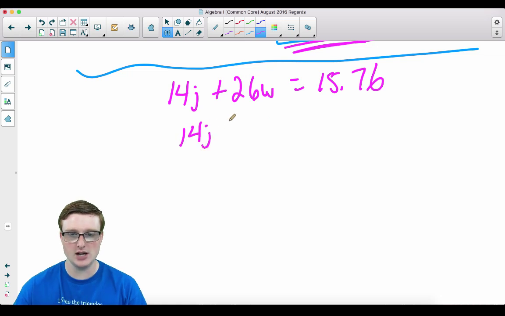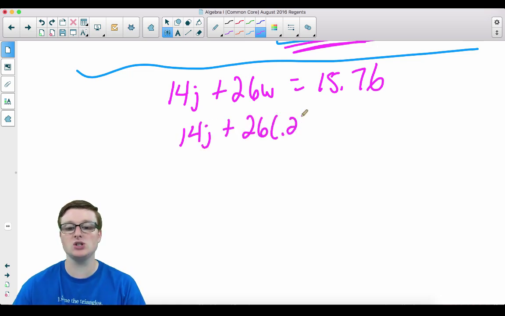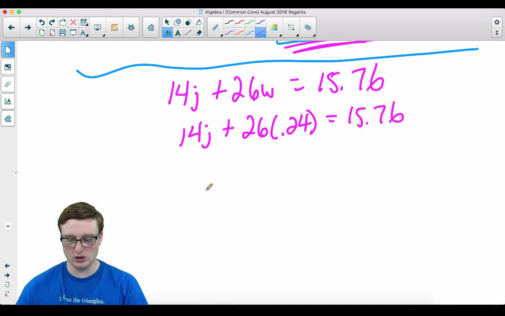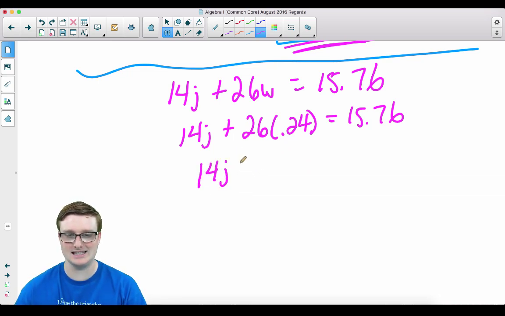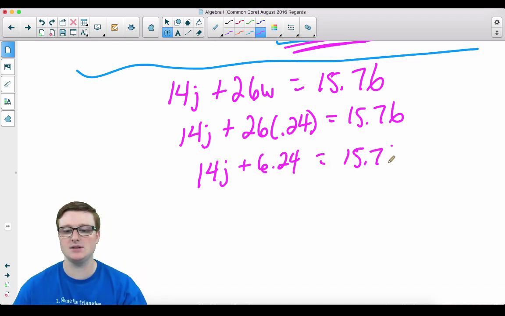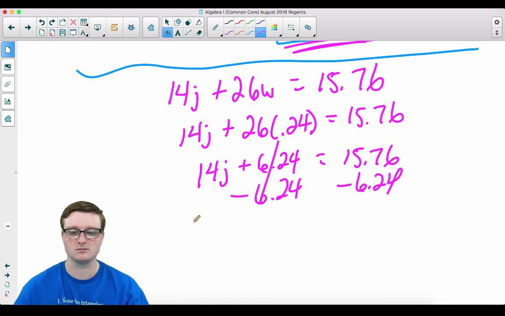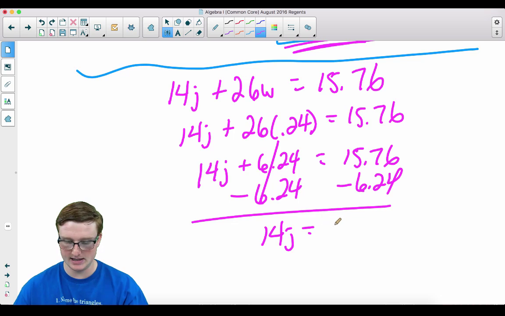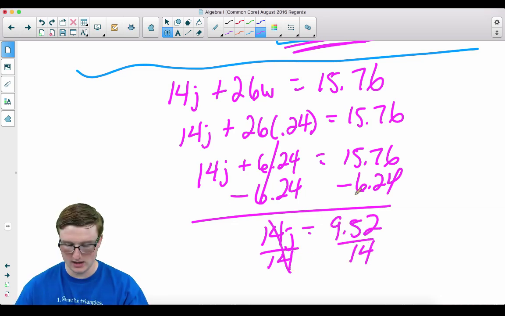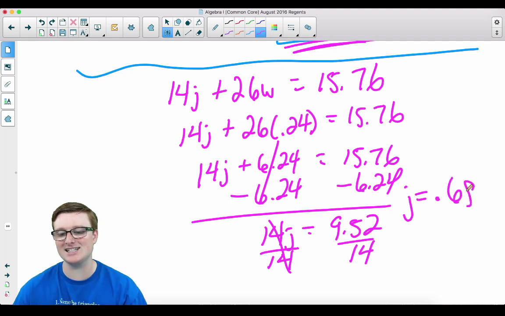So 14J plus 26 times 0.24, that's your cents for water, equals 1576. So 26 times 0.24, that is going to be $6.24. So 14J plus 624, that's equal to 1576. Subtract the 6.24 on both sides. We get 14J is equal to 952. Divide by 14 on both sides, and then we get J is equal to 0.68.